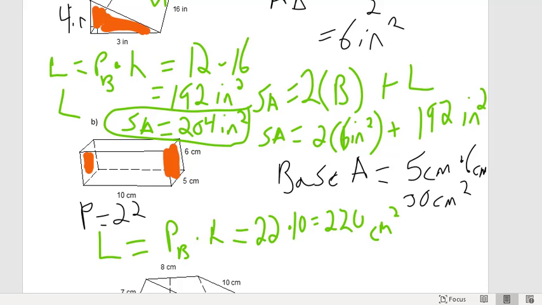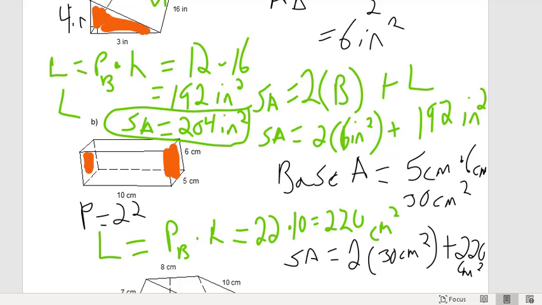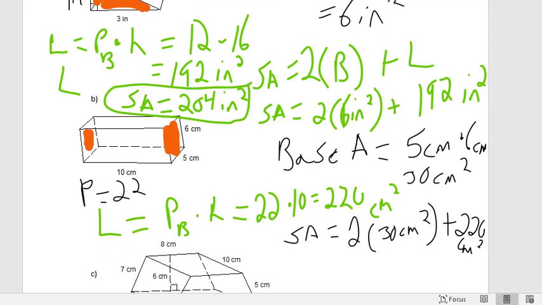All right, so our total surface area, we're going to add those together. We have 2 bases, so it's 2 times 30 centimeters squared plus 220, the lateral area, centimeters squared. So that adds up to 280 centimeters squared.